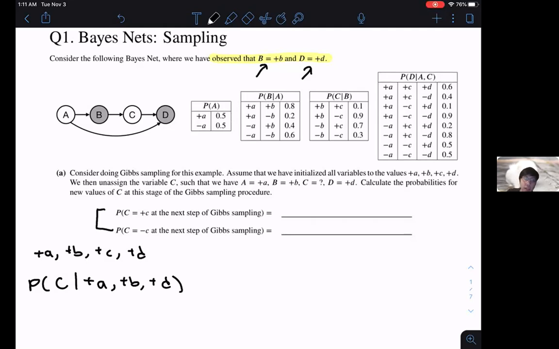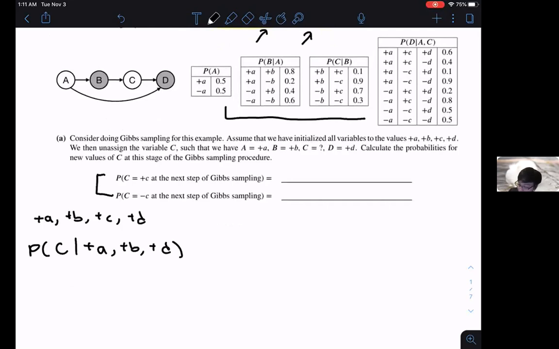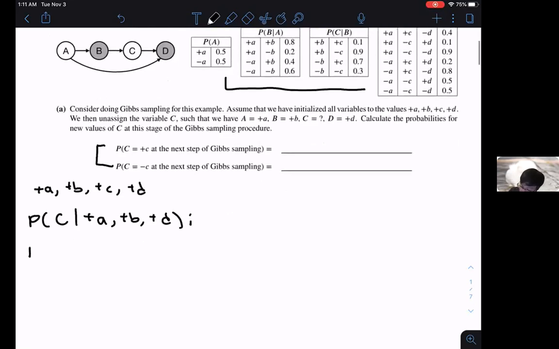So now the actual question is, how do we compute this probability? Well, right now we have our Bayes net and we have a bunch of these CPTs. So what we can do is use Bayes' rule to come up with this distribution. For example, let's say I want to figure out the probability of plus c given plus a, plus b, and plus d.